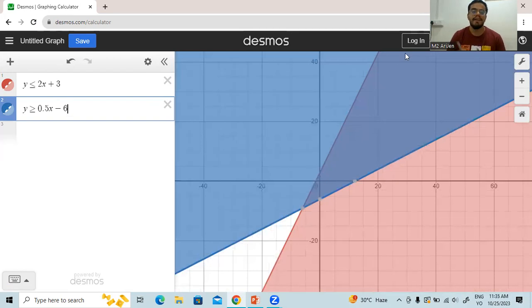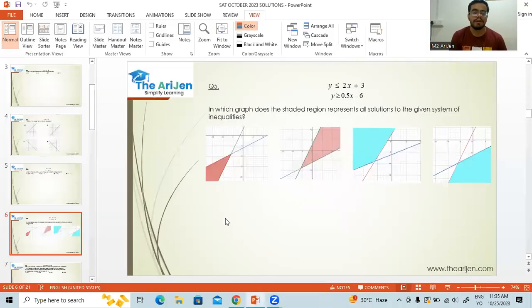It is clearly evident which part of this graph is being overlapped by both the lines, right? Which part is being overlapped? It's clearly this part, right? And see that we chose this point, the origin, earlier to check it. I hope this is right. Okay, so let's go back to our questions.